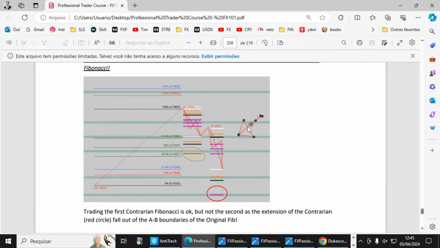Everybody, I don't know how to tell you, if you trade this contrarian, this is a stupid way to lose money. Does this make sense?